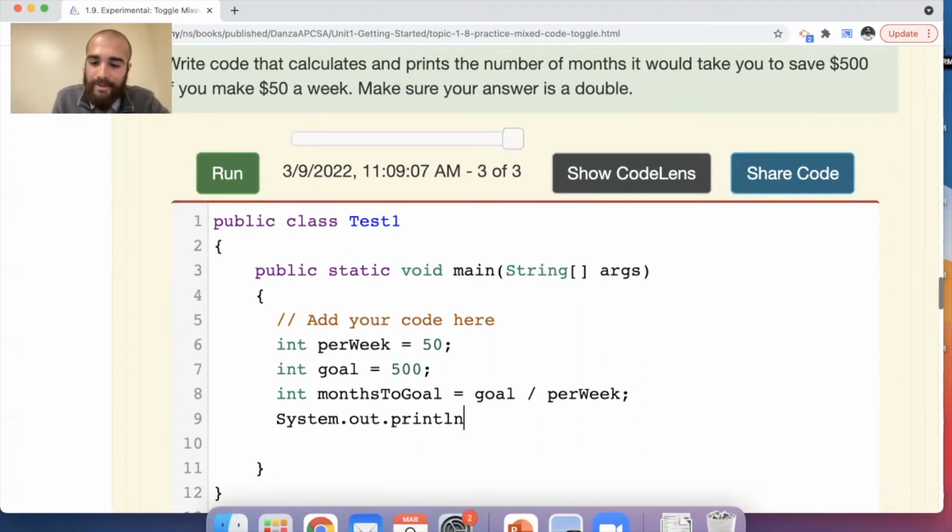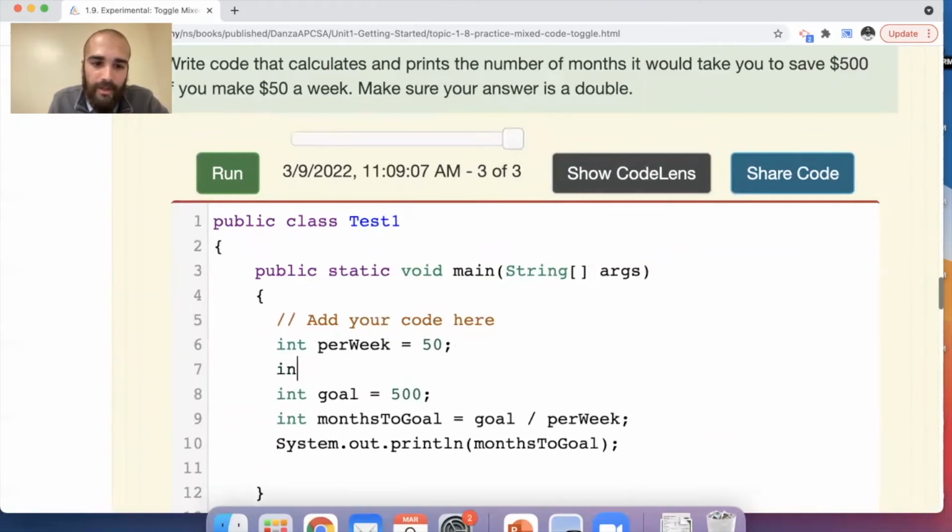See, like I said, most times it's just from me not reading it. I'll just skip over all that. All right, so we'll say months to goal. So I create a variable. I could just create this per week, and then I'll say int per month, and I'll just say 50.